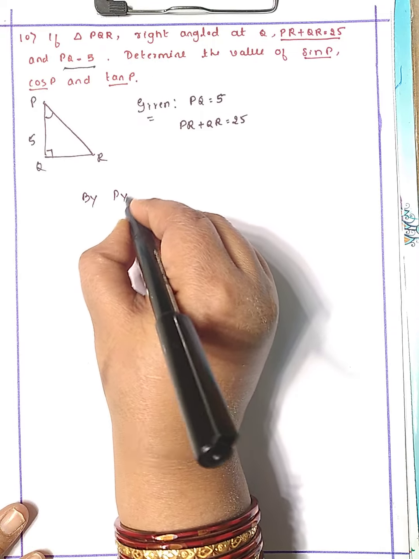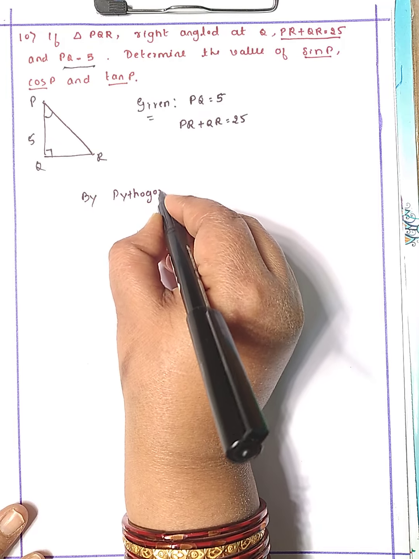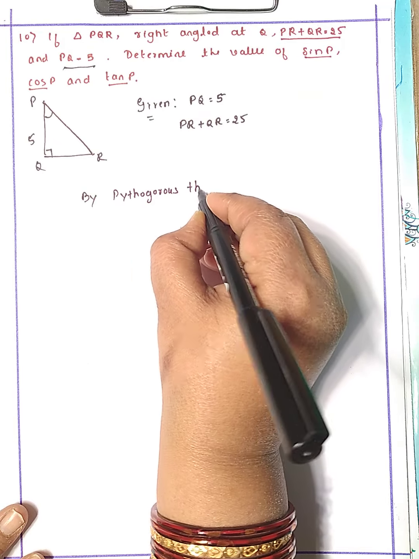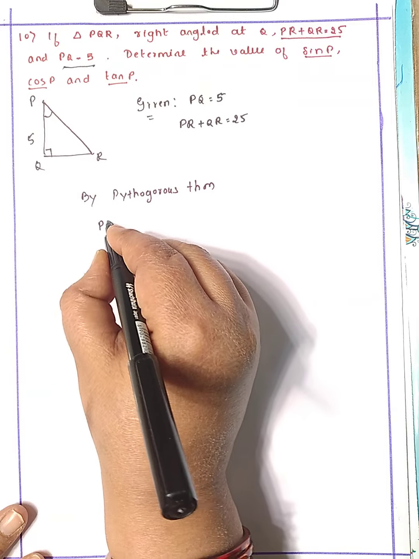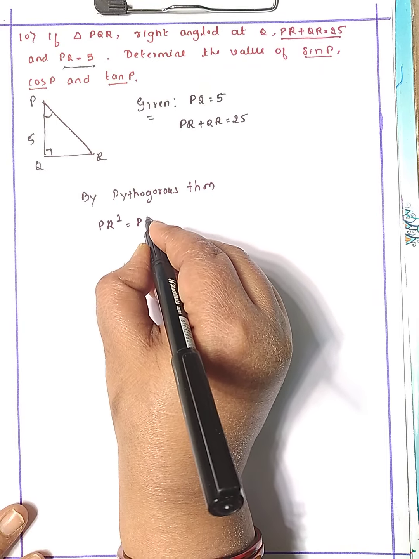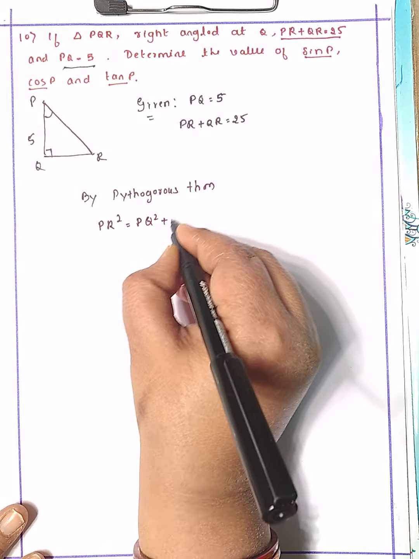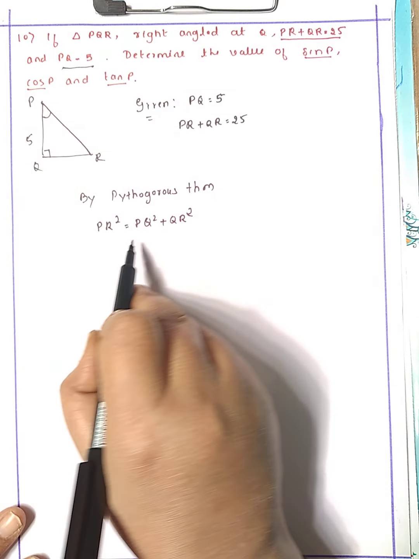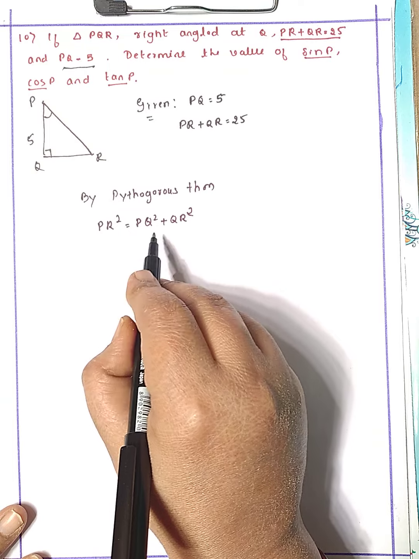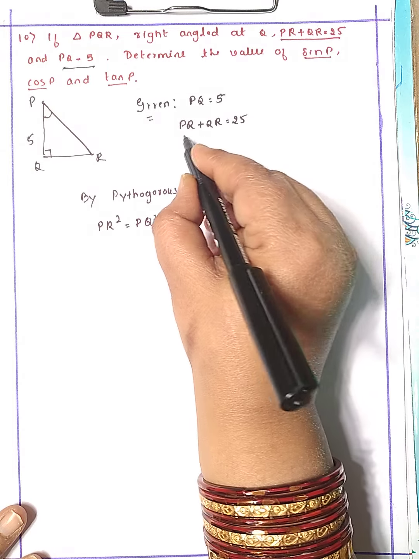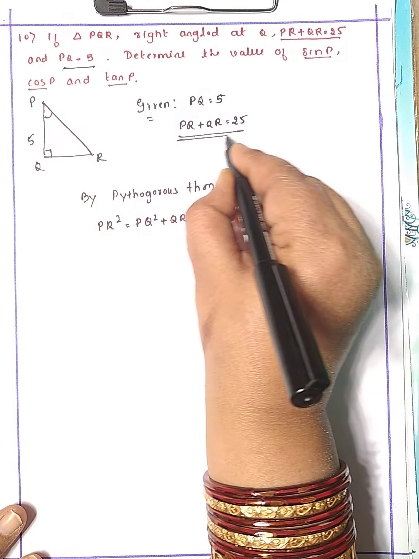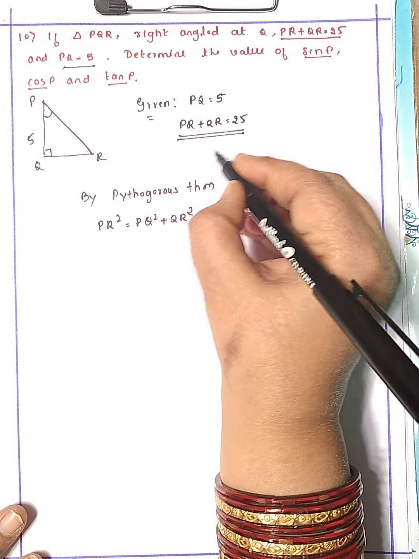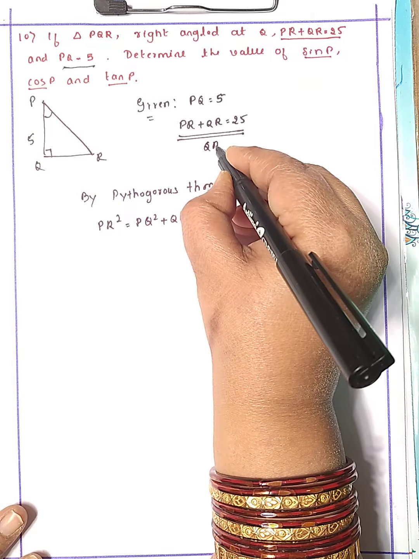By Pythagoras theorem, PR square equal to PQ square plus QR square. Here PQ is given, and by using this given data we will find out QR.